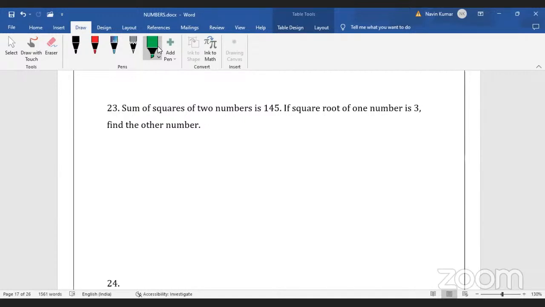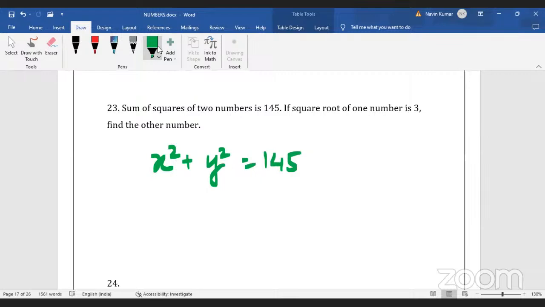Sum of squares of two numbers. Take two numbers, let's say x and y. Sum of squares: first you find the squares, and their sum is equal to 145. So we can write like this in the form of equation.